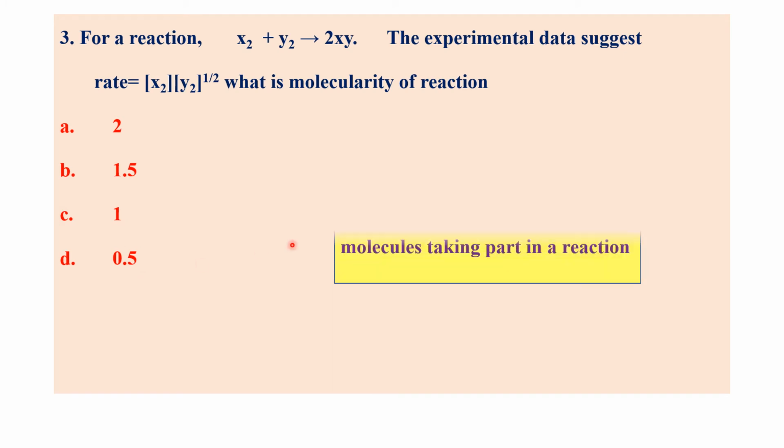Now first we will define the molecularity. Actually the molecularity is the number of molecules that are taking part in a chemical reaction. Now here it is 1, it is also 1. Now 1 plus 1 will result 2. Now the molecularity is 2, so the answer is A.